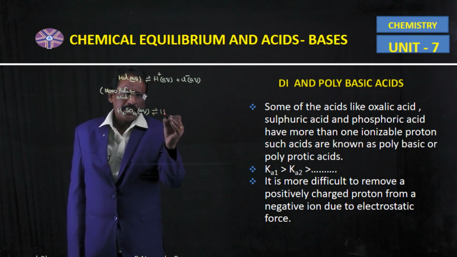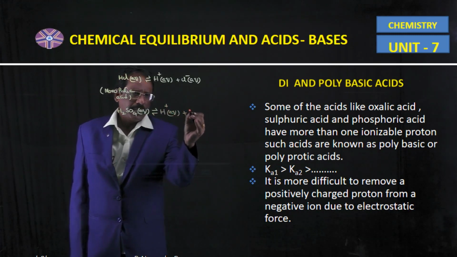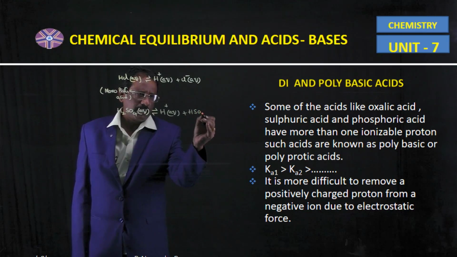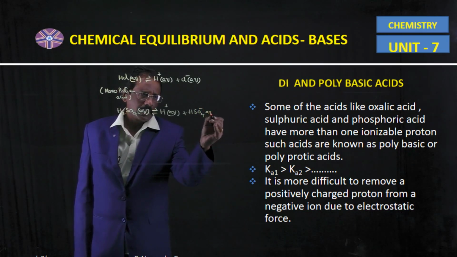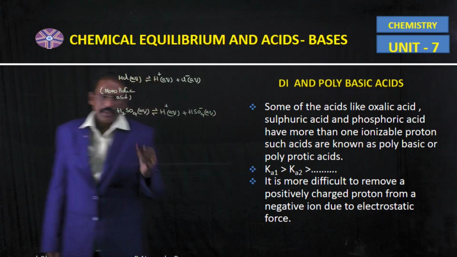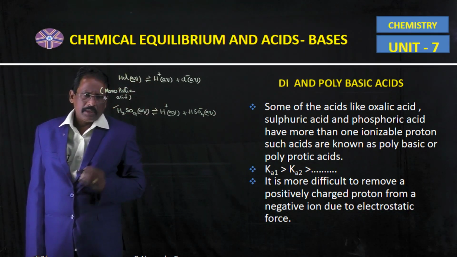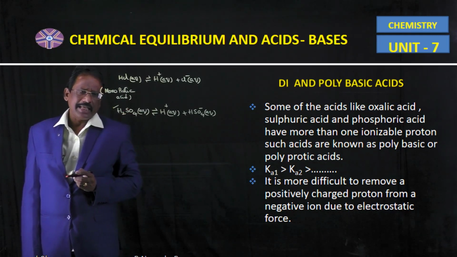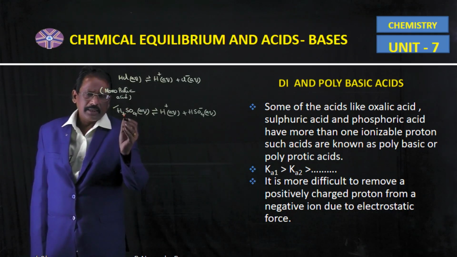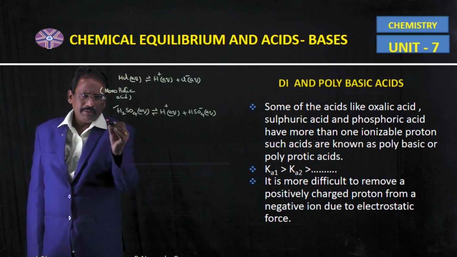First step is H plus aqueous and bisulfate ion will be formed. Because this is an example of a dibasic acid. Its basicity is equal to 2. Dibasic acid.